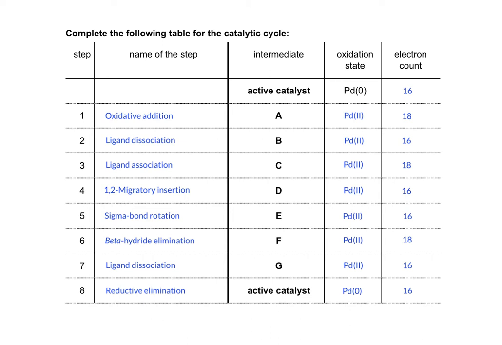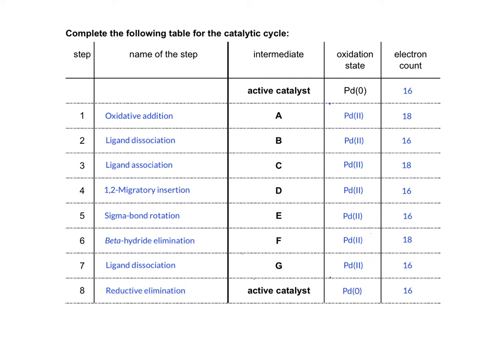The oxidative addition increases the oxidation state by 2 to give palladium in the +2 oxidation state. Palladium remains in the +2 oxidation state for all of the steps until the reductive elimination, where palladium returns to palladium 0, and that restarts the catalytic cycle at the top.